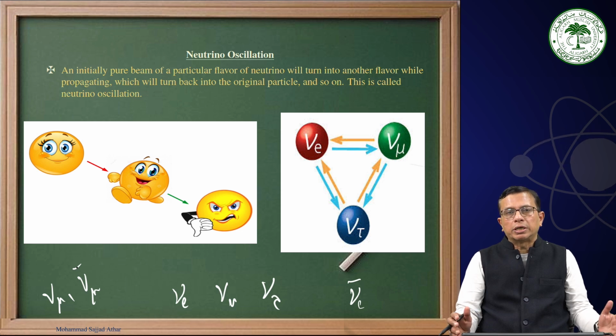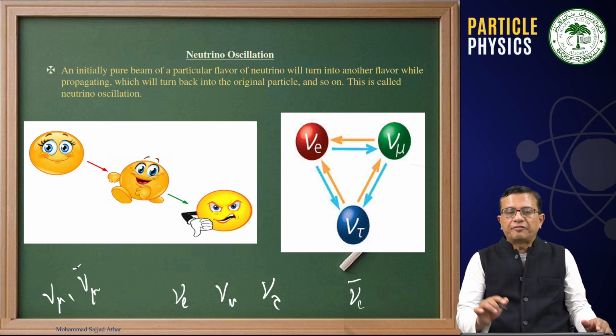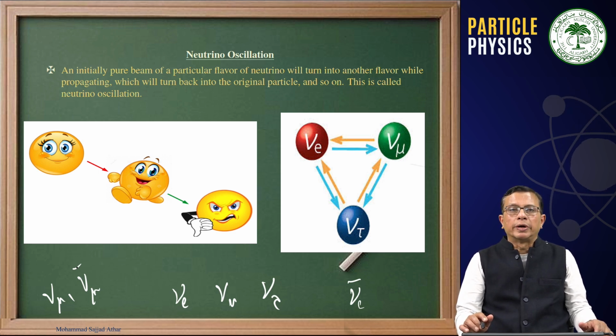It has been confirmed by solar neutrino experiments and atmospheric neutrino experiments that we talked about in the last class. What we are really saying is that neutrinos are changing from one flavor to another. The similar picture shown in this slide is true for antineutrinos also.